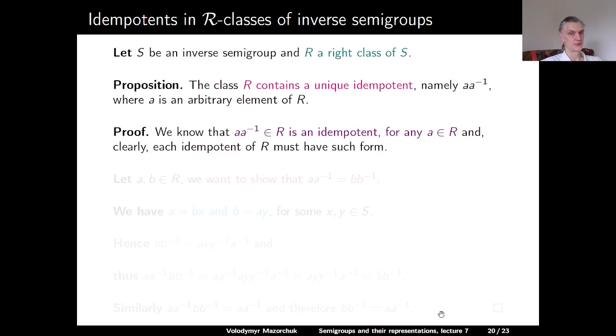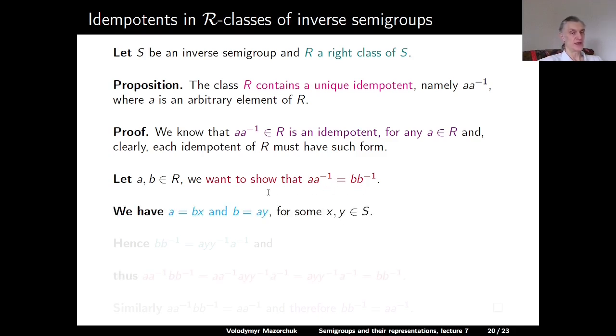Proof: of course, we already know that A times A inverse belongs to R for any A in R, and of course each idempotent of R must be of such form. So we need to show that if A and B are two elements in R, then A A inverse is equal to B B inverse.